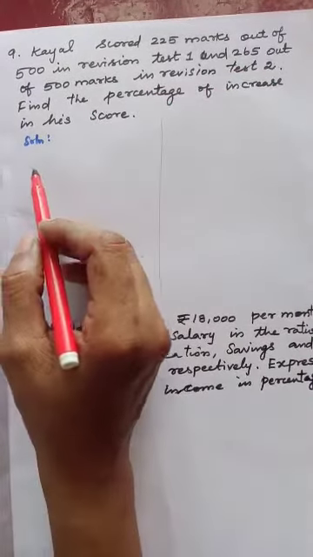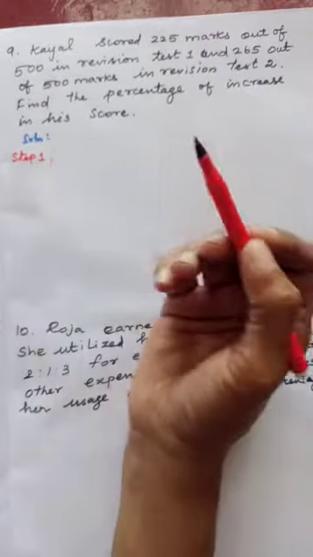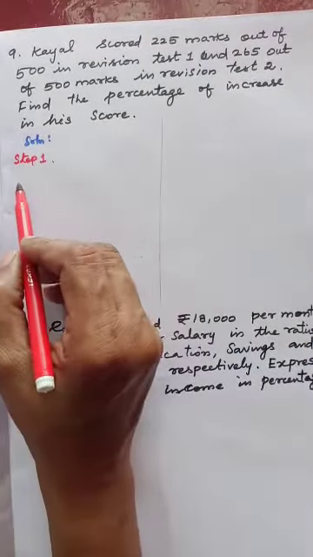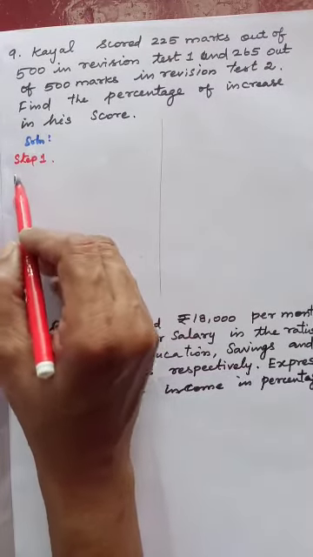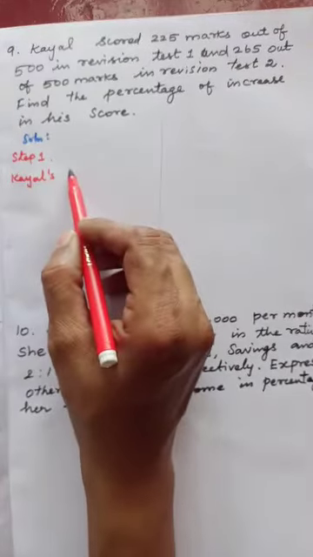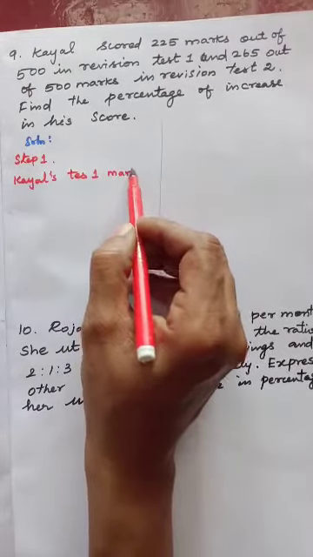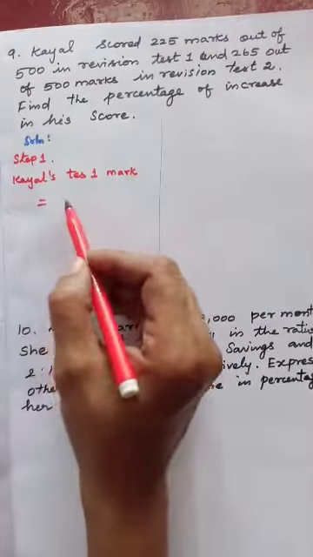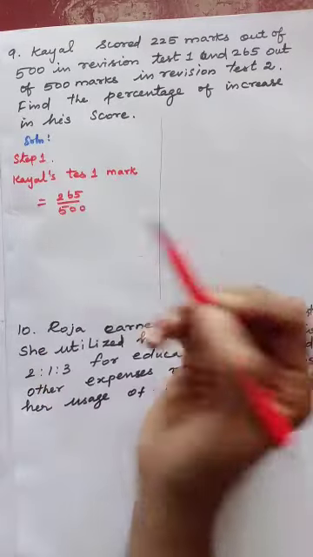Okay, now step 1. In test 1, Kyle's test 1 mark is equal to 265 out of 500.